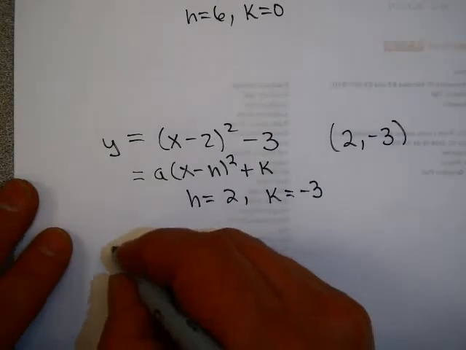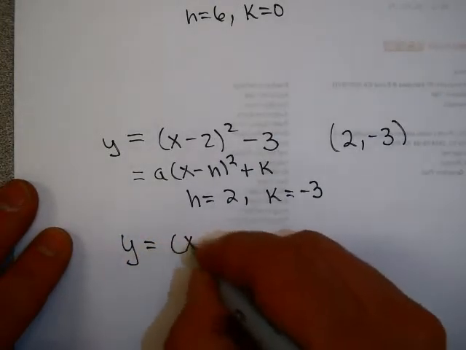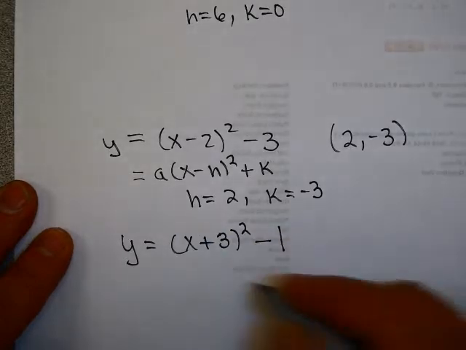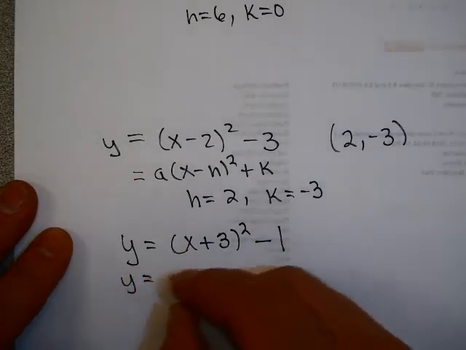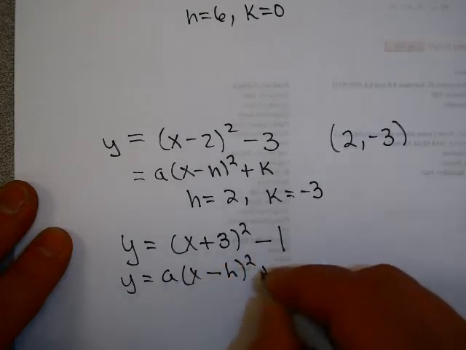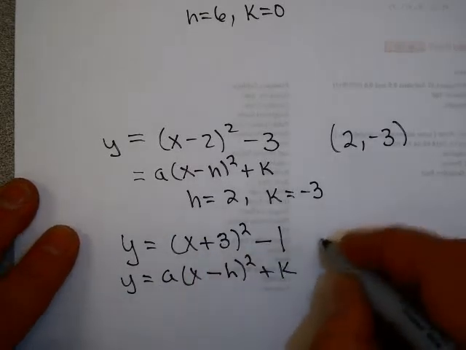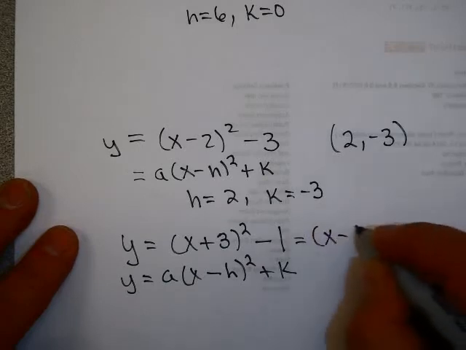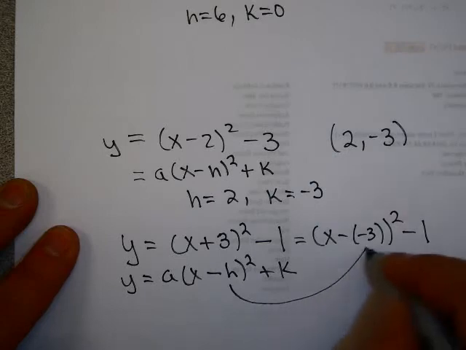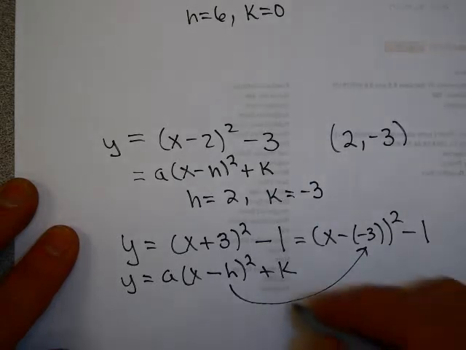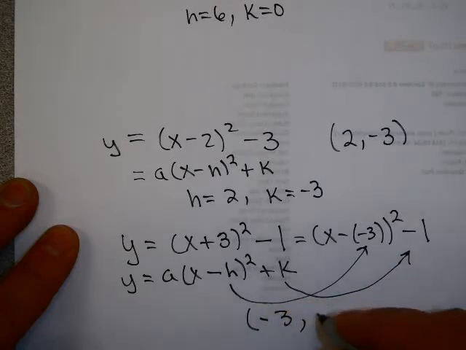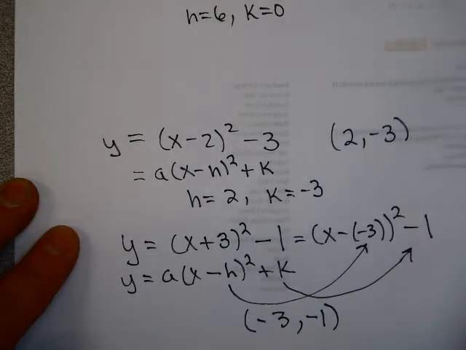If we had an additional problem like this, this can be thought of this way. Since x plus 3 is the same as x minus negative 3, then here h is negative 3 and k is negative 1. So my vertex should be (minus 3, minus 1).